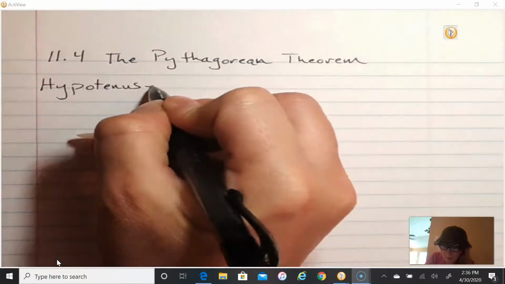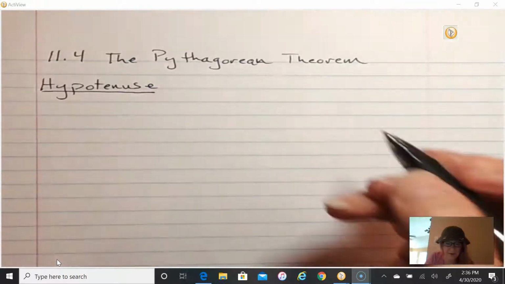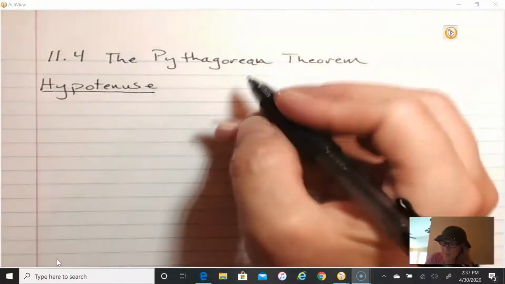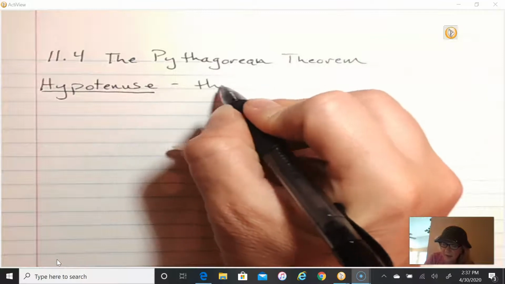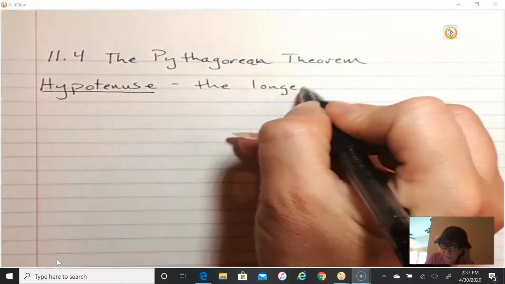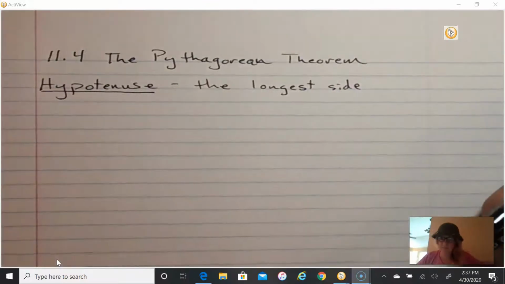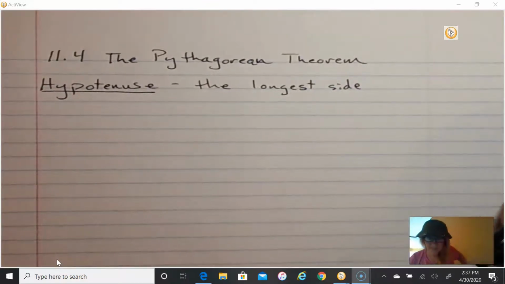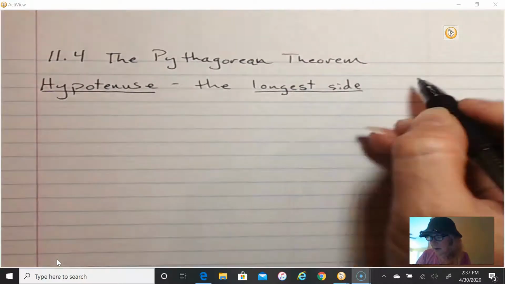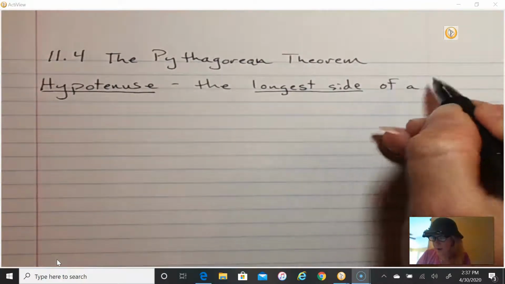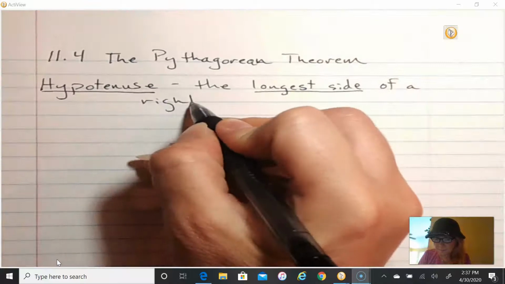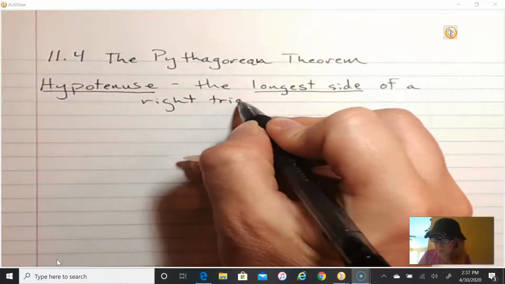Hypotenuse. What is a hypotenuse? This is the Pythagorean theorem. The hypotenuse is the longest side of a right triangle.